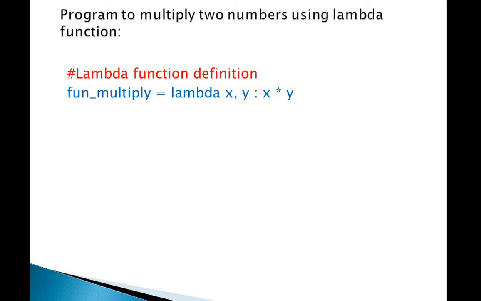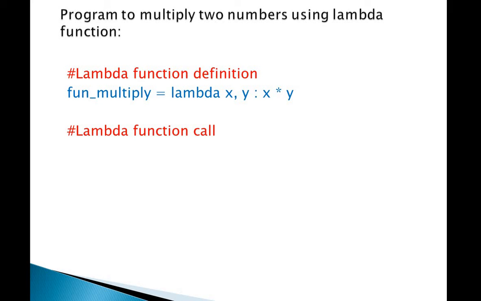I want to multiply two numbers using a lambda function. In the first line we have written the definition for the lambda function. According to our syntax, the lambda keyword, then the list of parameters, and then the expression. We have assigned this function a variable name. The variable name is fun multiply. Recollect the things here again.